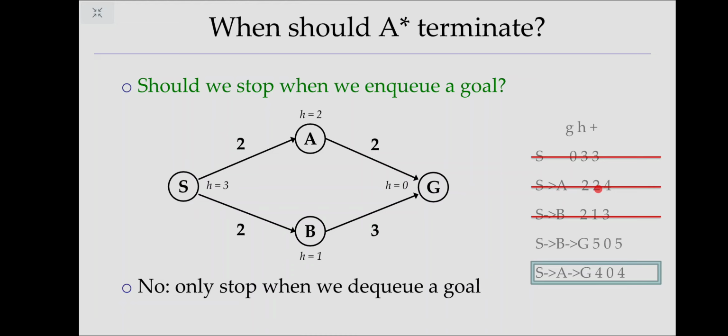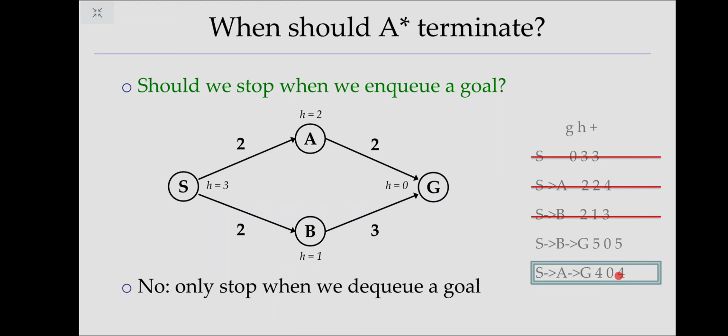And the algorithm should process the neighbors of A. The neighbor of A is G, and now G is 4, H is 0, and F is 4.